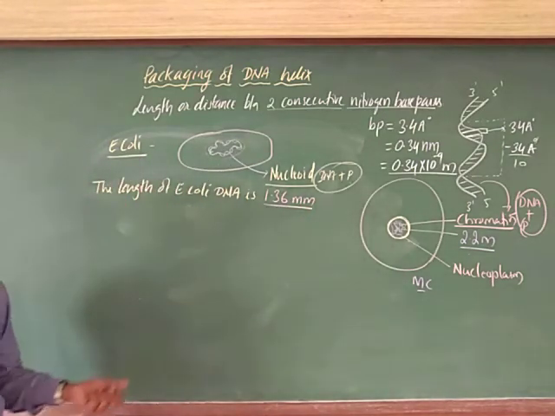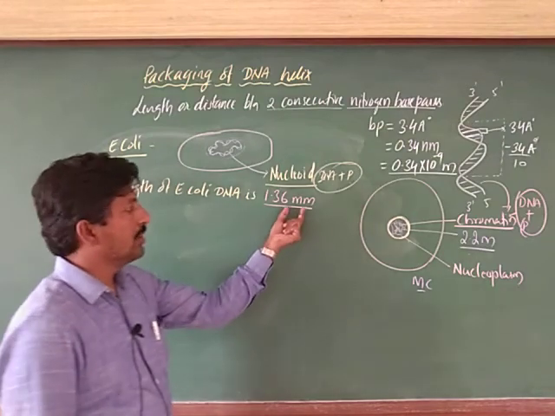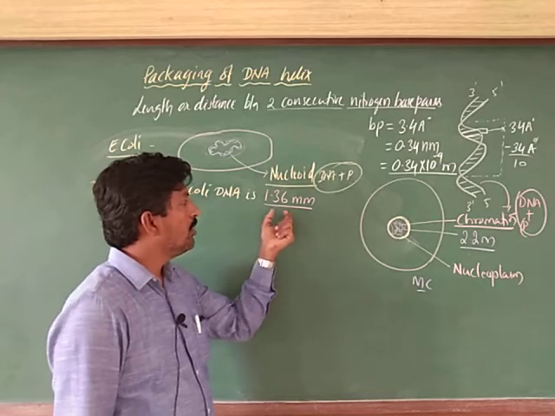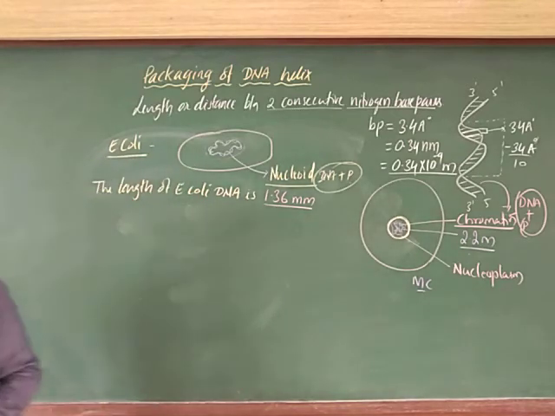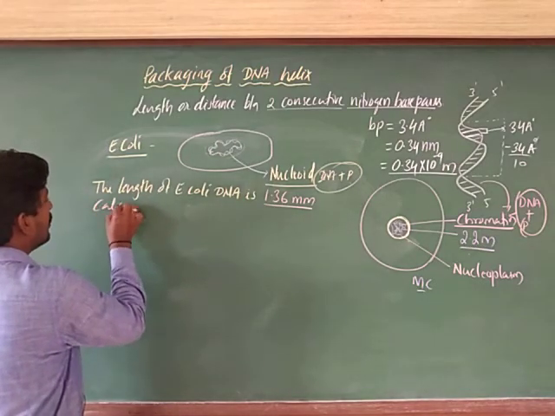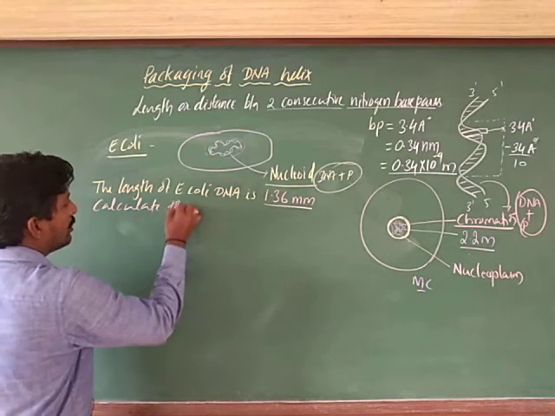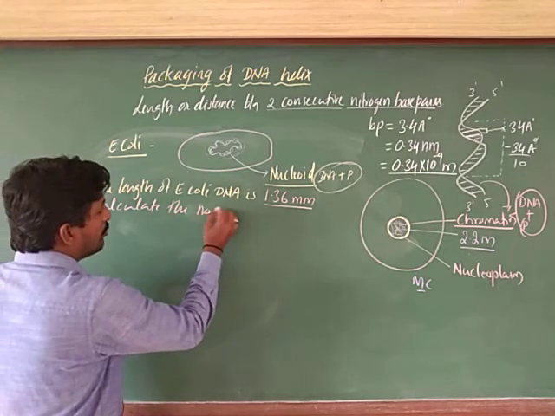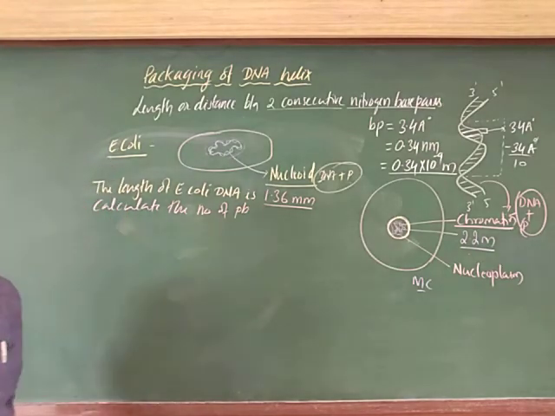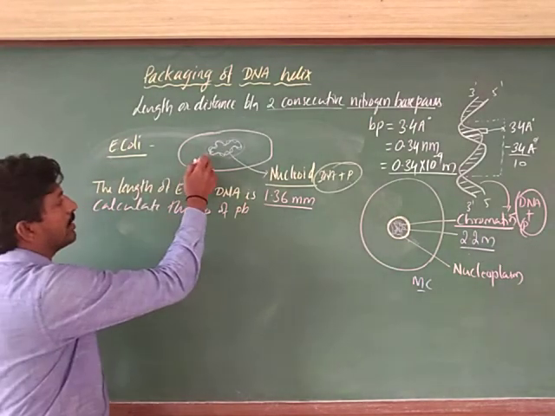Remember, they can give you the unit in angstrom or any other unit in the question, so we should identify that 1.36 mm is given. For that 1.36 mm, they are asking you to calculate the number of base pairs present in E. coli DNA.